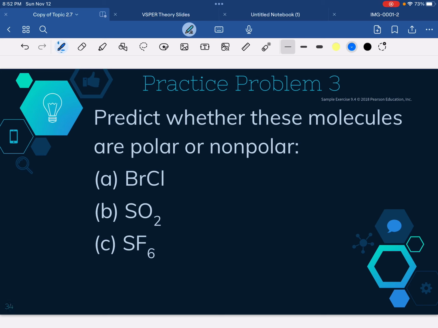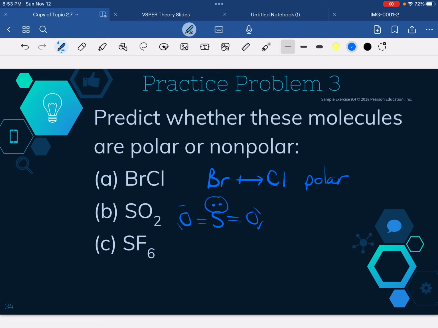Predict whether these molecules are polar or nonpolar. So we're going to have BrCl. This has a difference in electronegativity towards the chlorine, and so therefore it is going to be polar. For SO2, we can draw many different Lewis structures, but one of them that we draw is going to look like this.